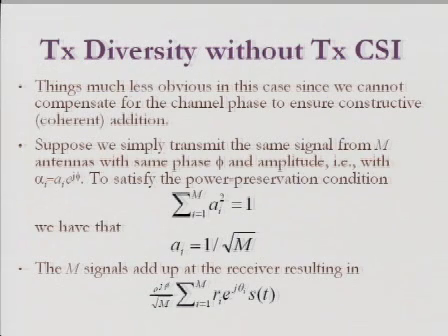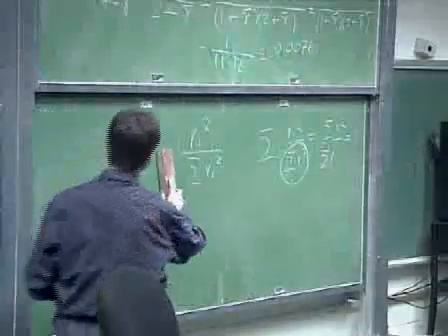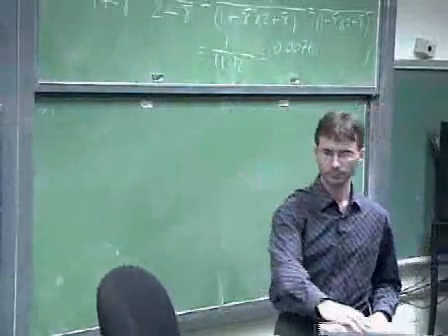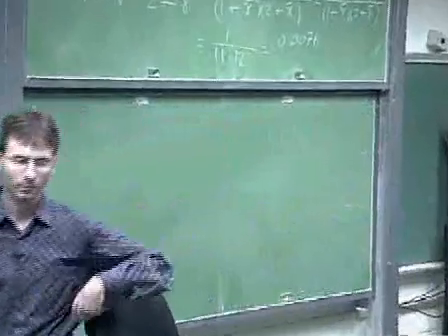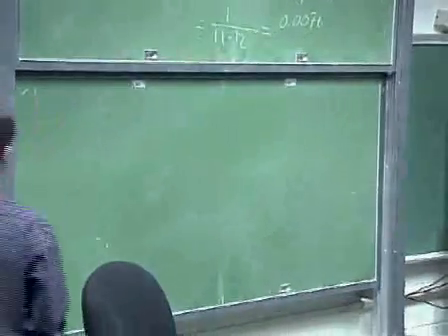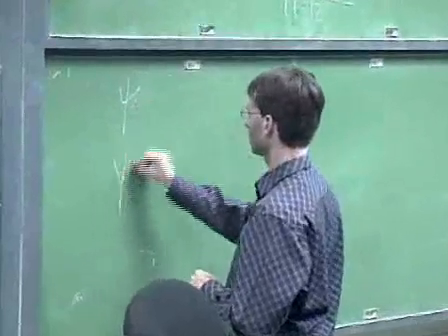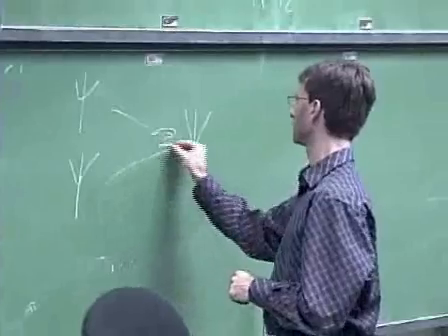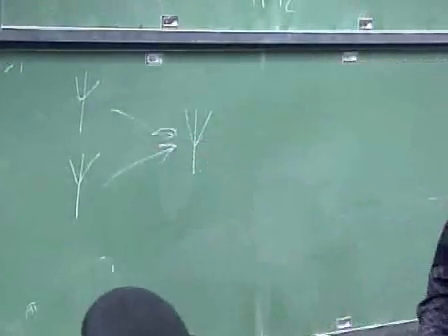So what gets combined is this, right? Let's go over it. So you have two antennas here, one antenna here. You send signals, which you're going to combine with the receiver.